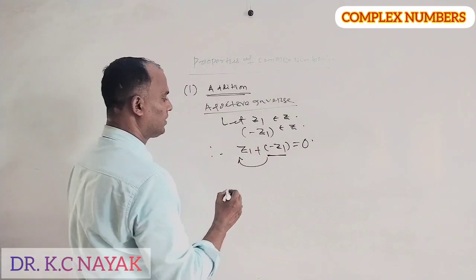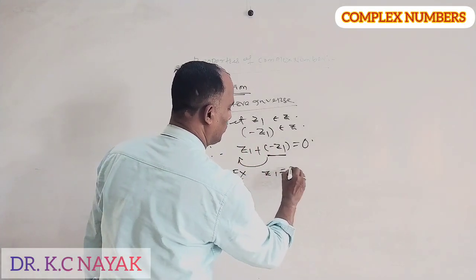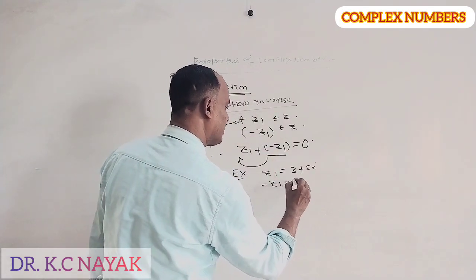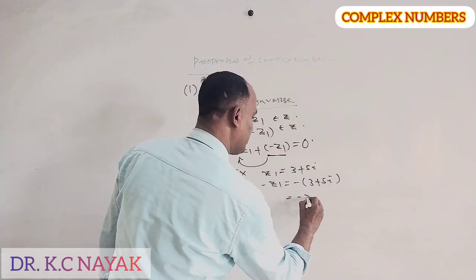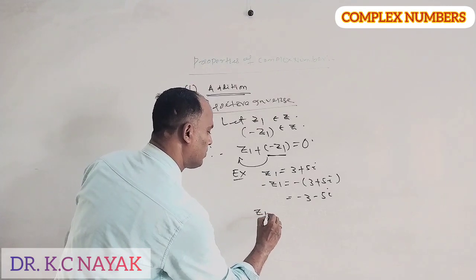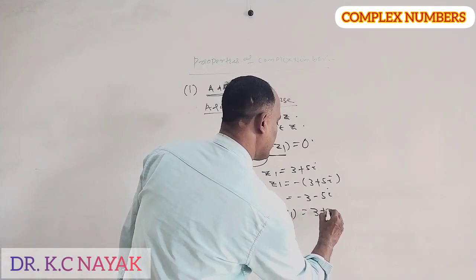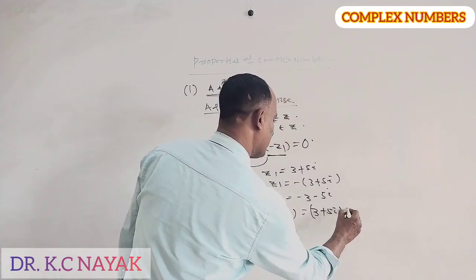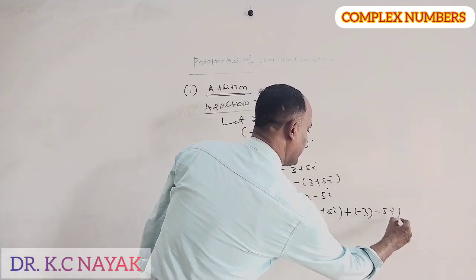That is why, just see an example. Suppose Z1 is equal to 3 plus 5i. Minus Z1 is equal to minus of 3 plus 5i, that means minus 3 minus 5i. Now we proceed to Z1 plus minus Z1, which is 3 plus 5i plus minus 3 minus 5i.